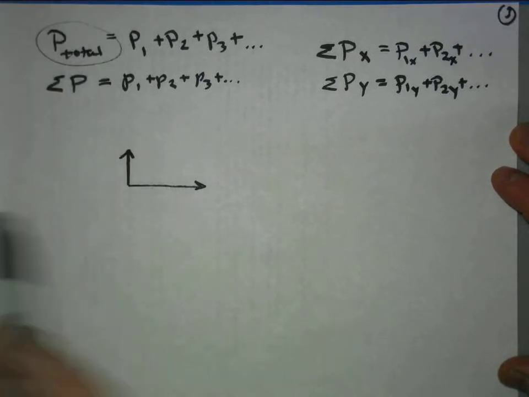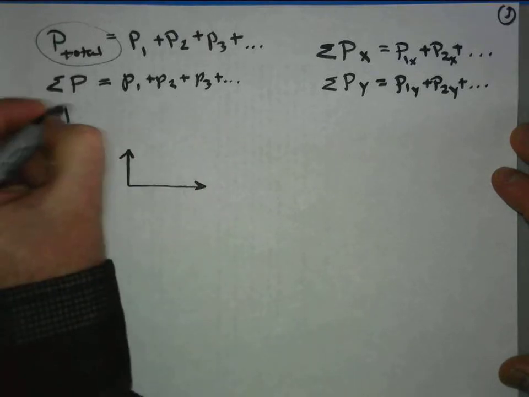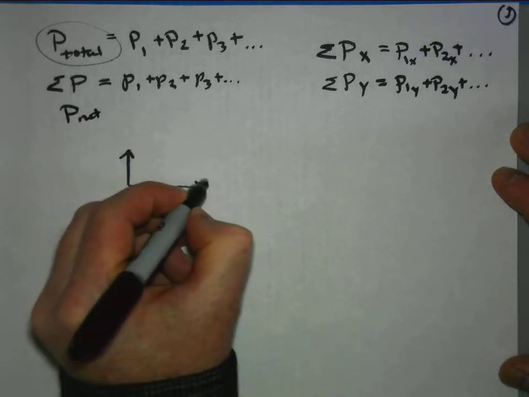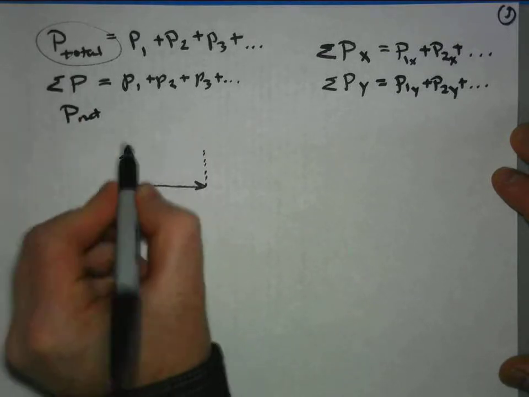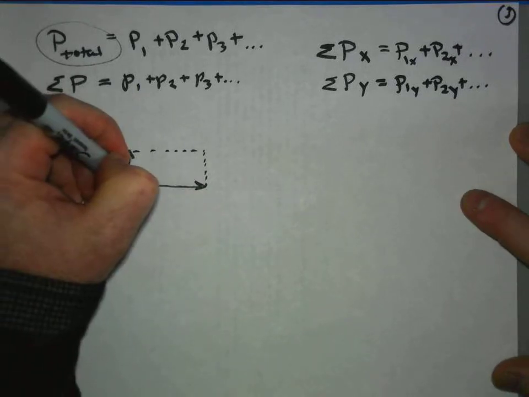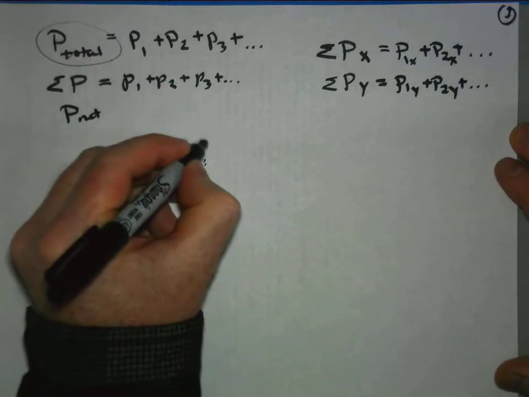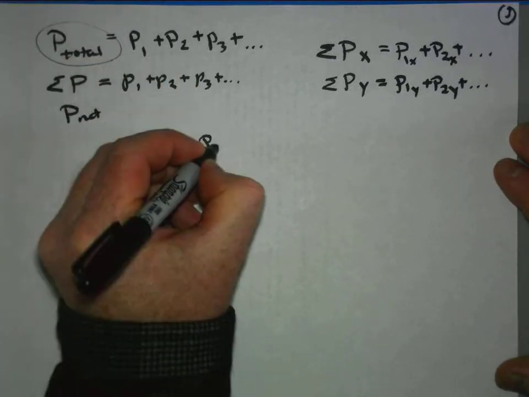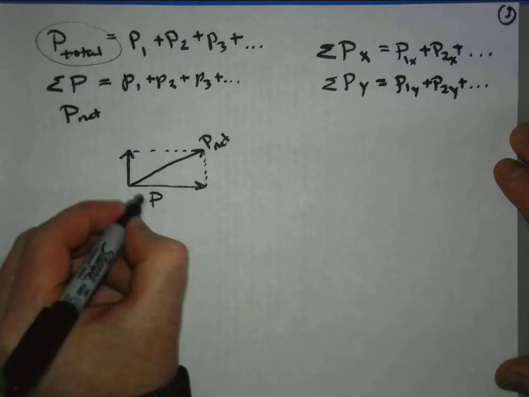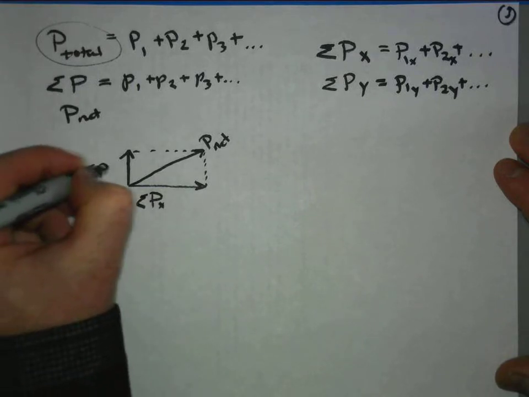Well, the total, or the net effect, there's that word again. So this is also equivalent to saying net momentum. The net effect is just like combining these two vectors. So here would be your net momentum. Here is your sum of momenta in the x direction. Here's your sum of momenta in the y direction.